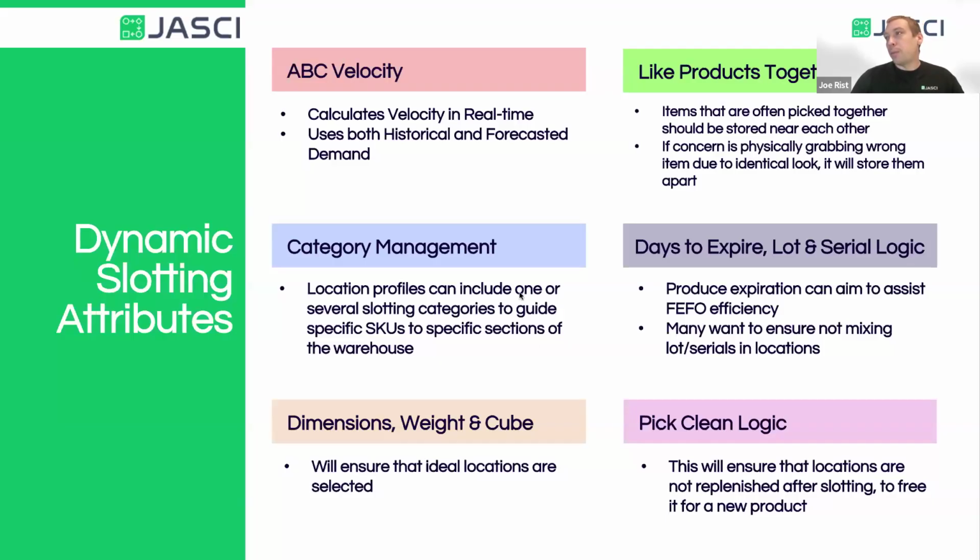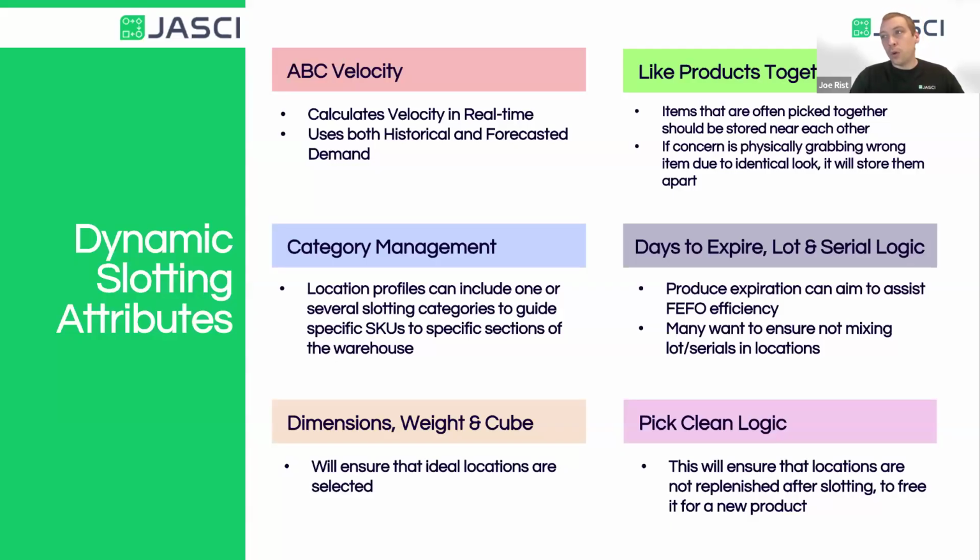And the last thing I'll mention here, this blue one, is category management. You can work with something called location profiles in JASCI. Location profiles are collections of locations that have similar attributes or behaviors, whether it's the dimensional data or how you slot to them or how you allocate from them, what types of products go there.